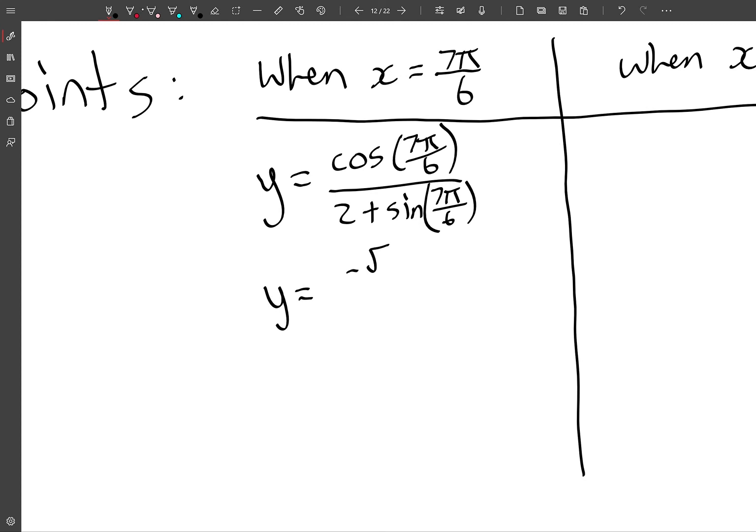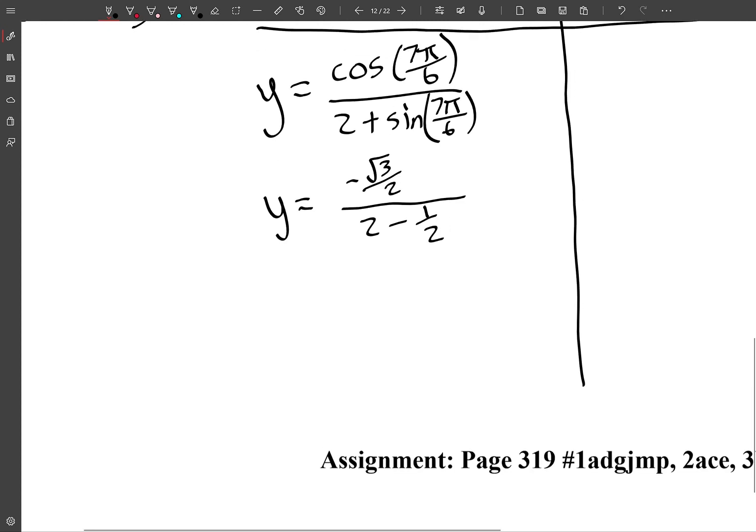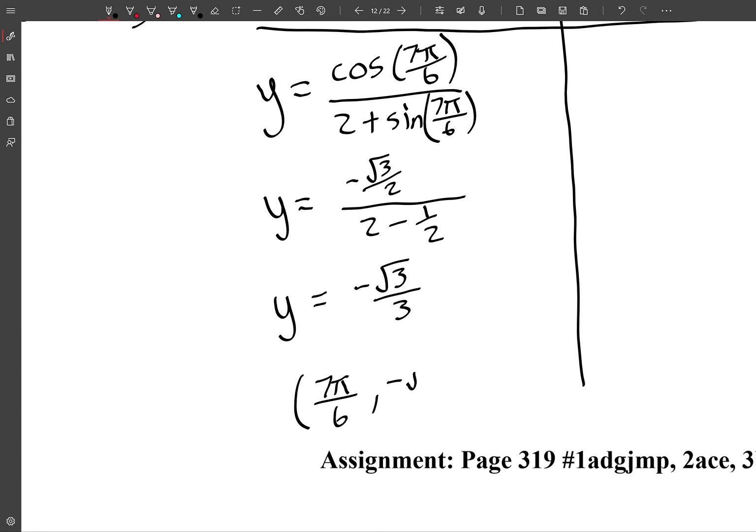Cos of 7 pi over 6 is negative root 3 over 2, again getting these from the unit circle, and sine of 7 pi over 6 is -1/2, so 2 minus 1/2. When you simplify this, you get negative root 3 over 3, which gives us the point 7 pi over 6, negative root 3 over 3. So far so good. That's one of our points.